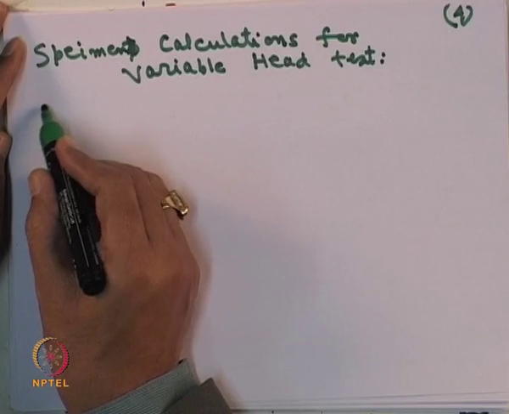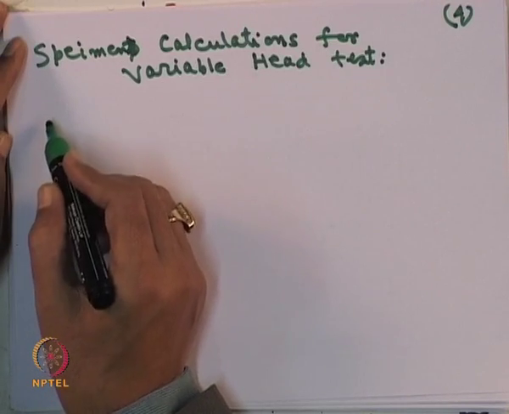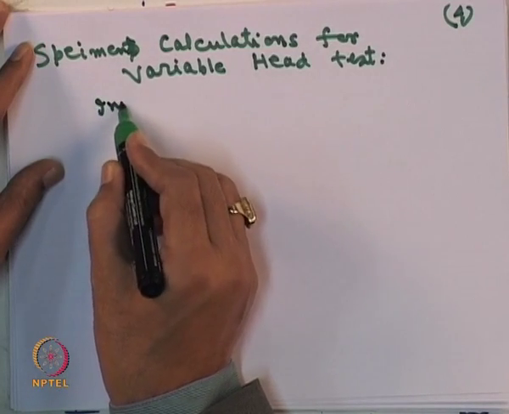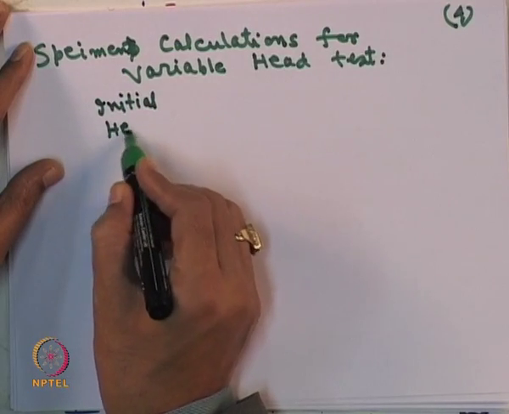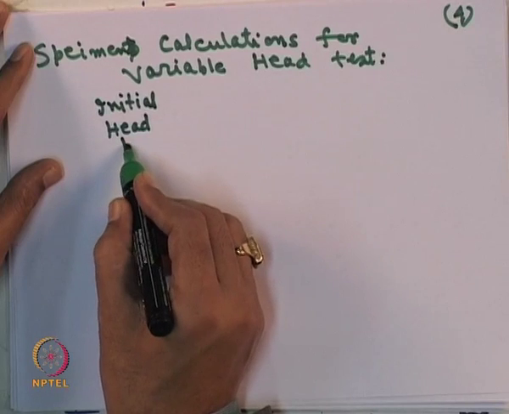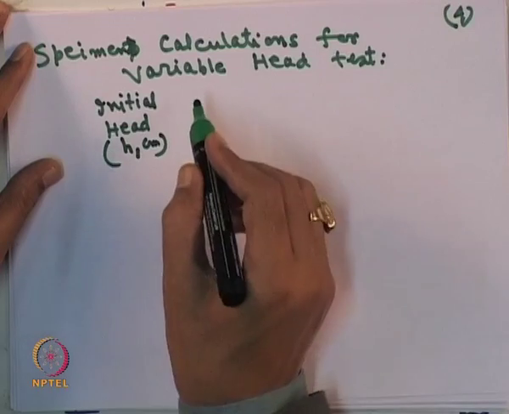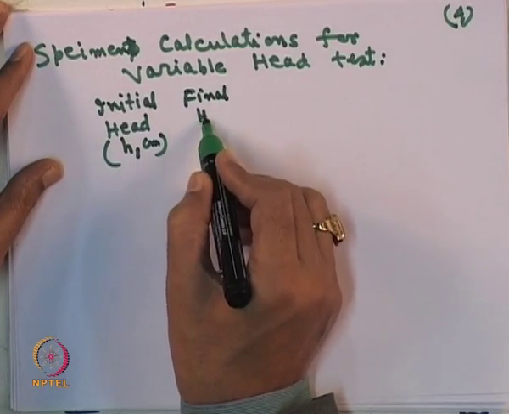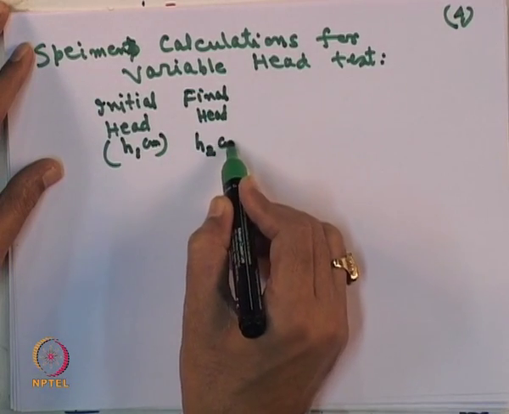Here let us say that for a particular serial number, you have to determine the initial head, and that is designated as h1 centimeter. Then you take the final head, and that is designated as h2 centimeter.